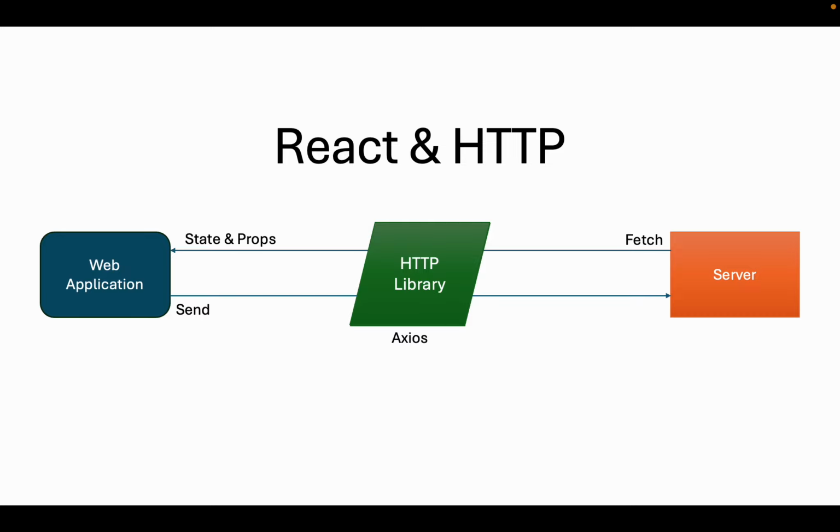What is Axios? Axios is an npm package that allows you to send data from a React application to the server, receive it back, and set it into props or state to use that data in your application. That's pretty much the explanation of React.js, Axios, and HTTP libraries.